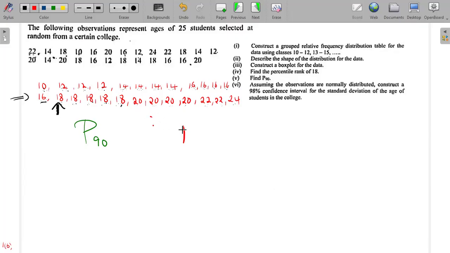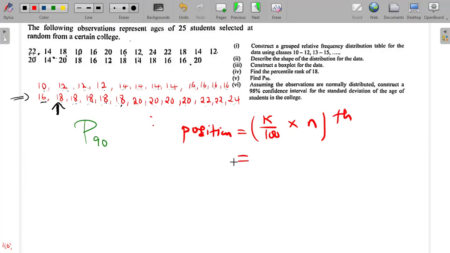The position is simply the kth percentile divided by 100 multiplied by the sample size. This gives me the position.